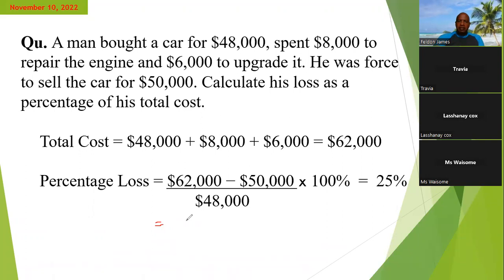Sir, 12,000. So here we would have 12,000 over 48,000.